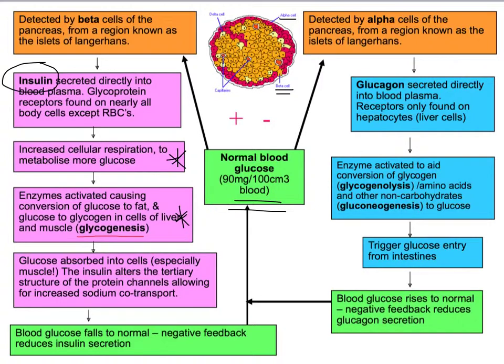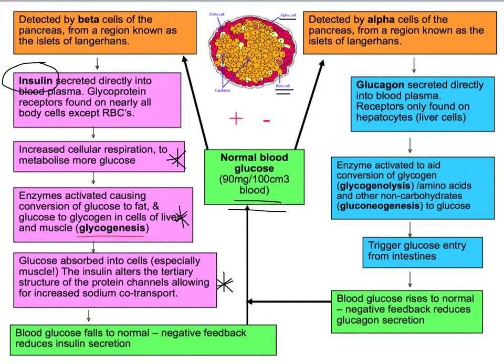Again, we're going to try and bring our blood glucose down by turning it into fat, but also storing it away as glycogen. And the last thing that we also do is push that glucose into cells; we absorb it into the cells, especially of muscle. Now there is something called sodium glucose co-transport.